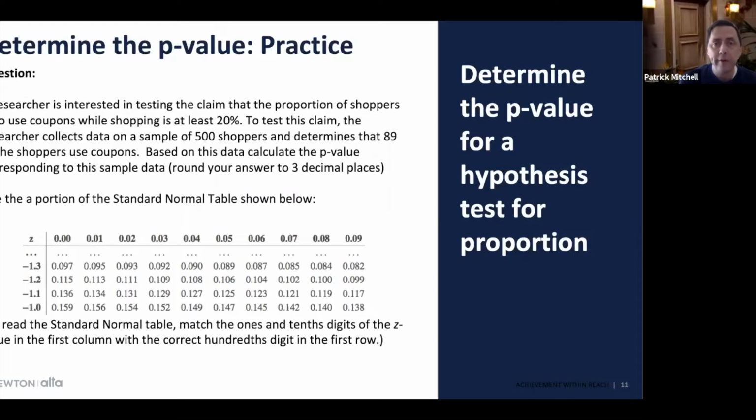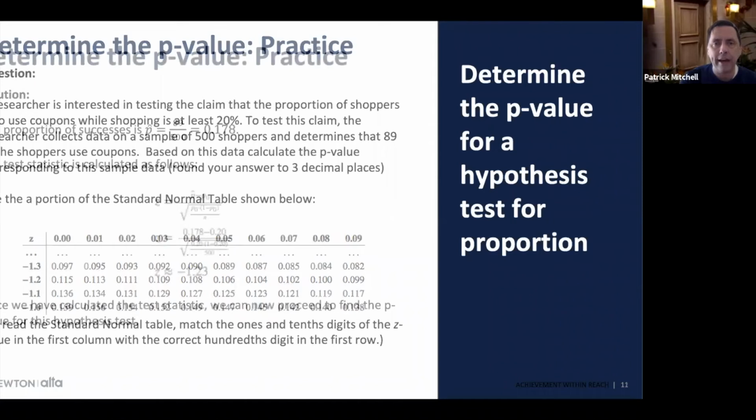You take those two relations, at least and less than. The one that includes equality is the null hypothesis. So this claim that p is greater than or equal to 0.2 would be the null hypothesis. The alternative hypothesis would be that p is less than 0.2, and that less than sign is what makes this a left-tailed test.